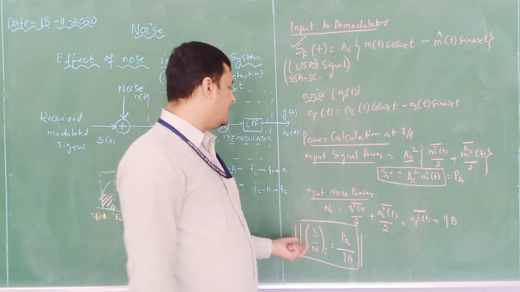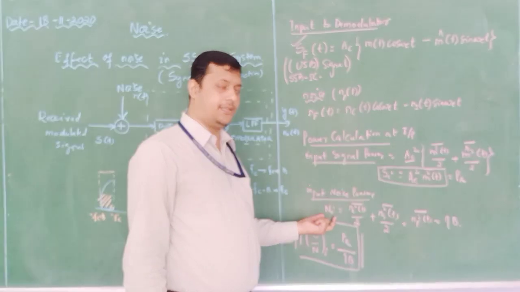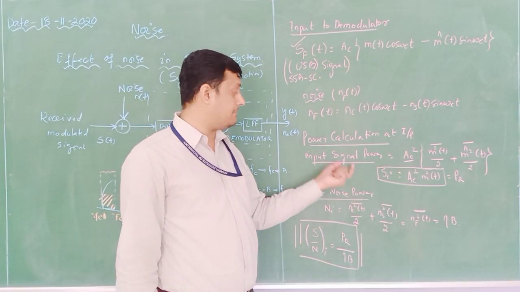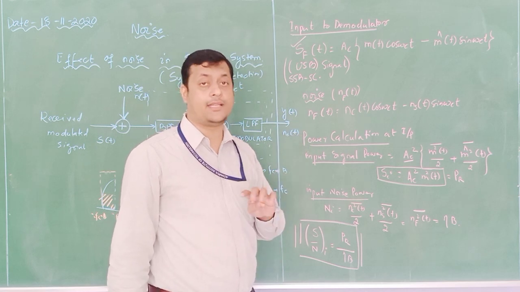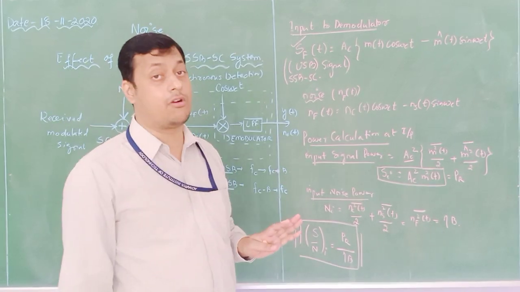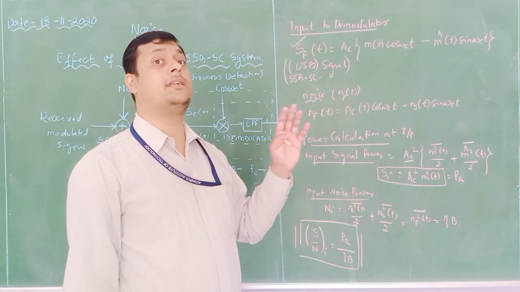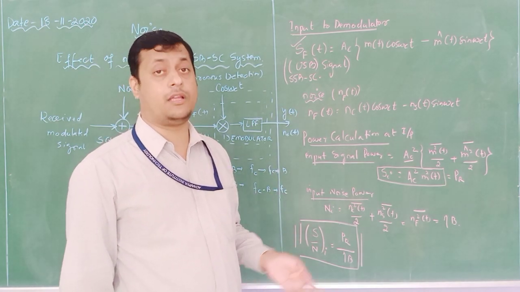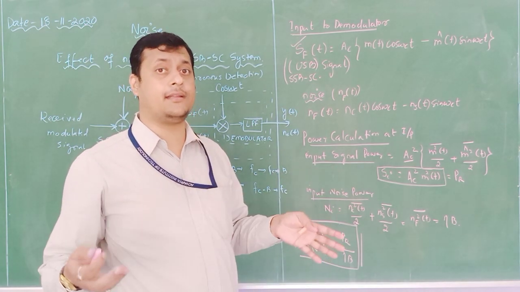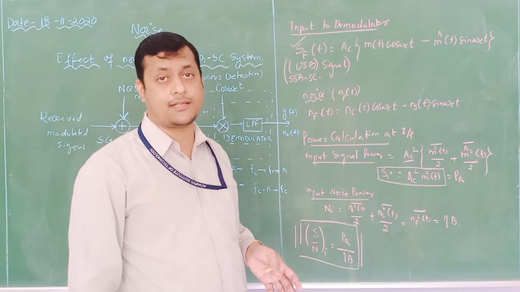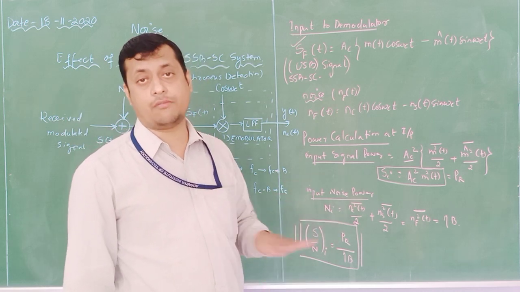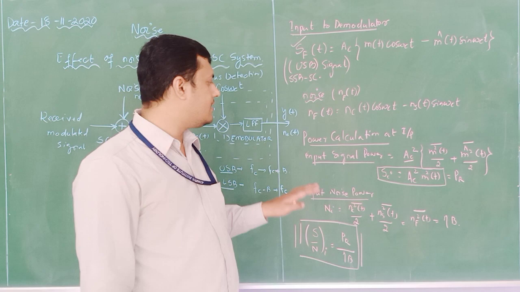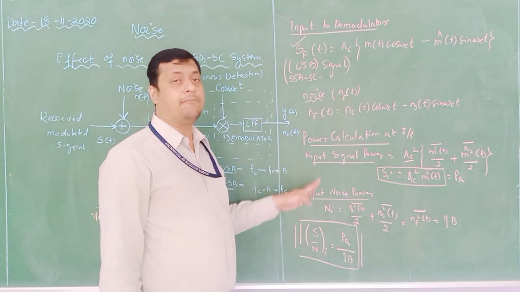But if the noise component is increased with respect to the signal power, then it is not possible to extract the modulating signal. Only the effect of noise can be known. The effect of noise is so high that it will deteriorate your received signal and the original signal cannot be recovered. So this is for the input side.